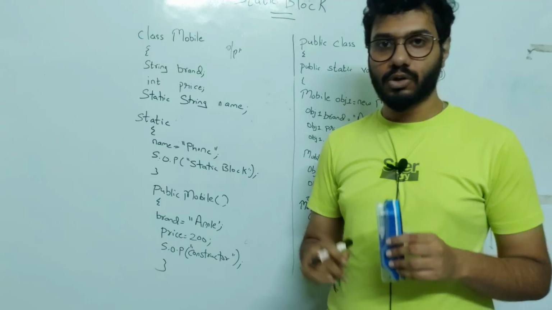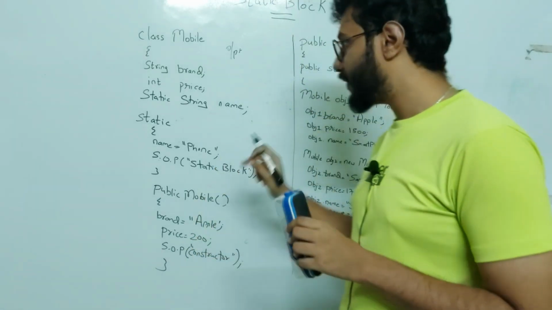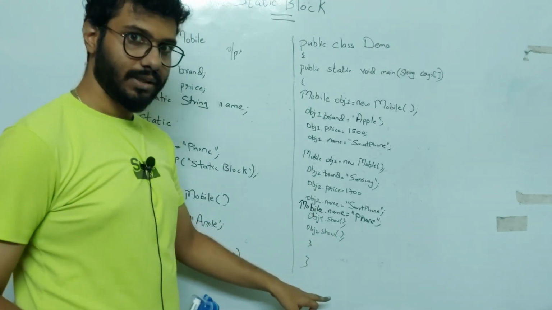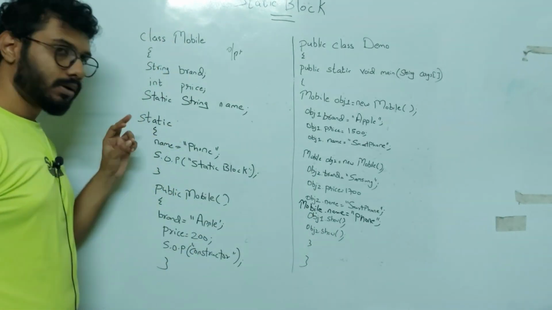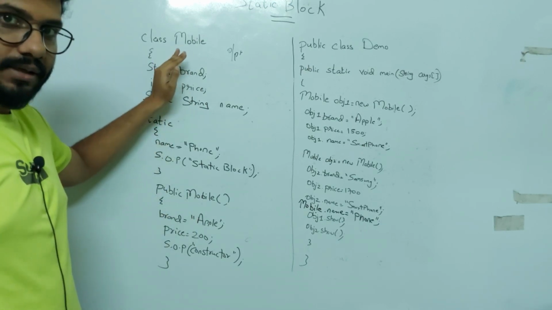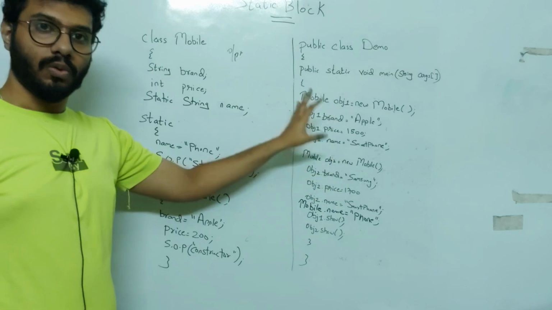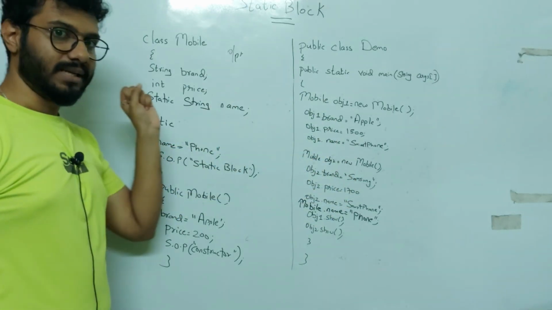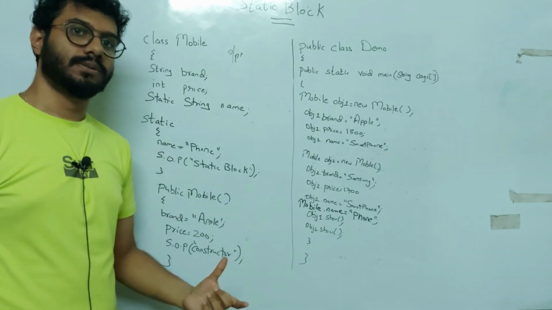Now there is a question: what if objects are not created? Will the static block get called? Since we have a class and static belongs to the class, though it doesn't relate to objects, if the objects are not created, will the static block get called? This is what the question is.